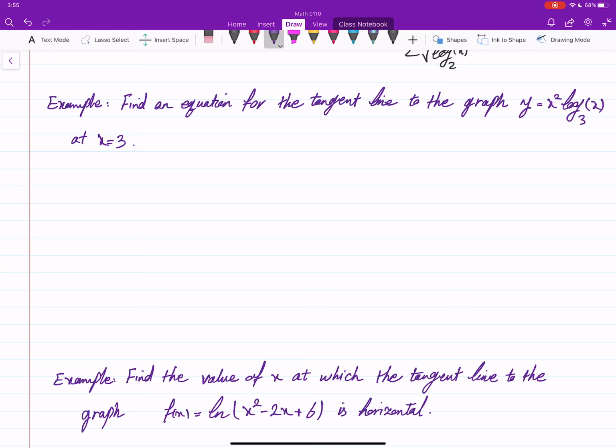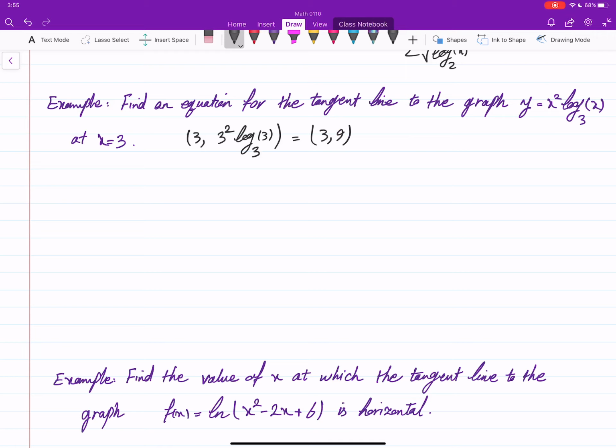Find the tangent line. So we need a point. The point will be 3, and then plug 3 into your function. So this is 3 squared log of 3 base 3. This is 3, and log 3 base 3 is 1.